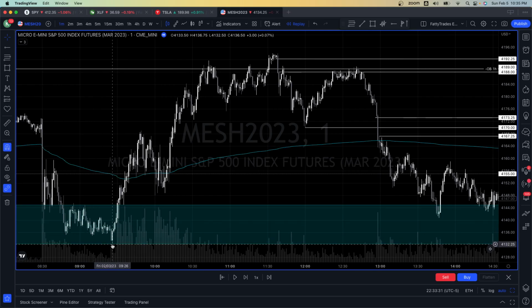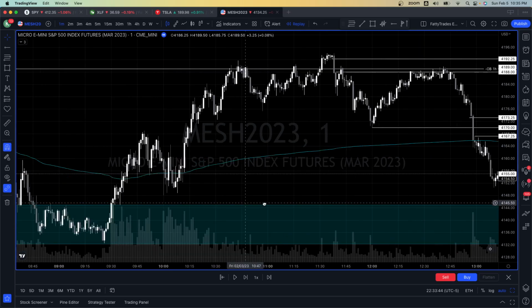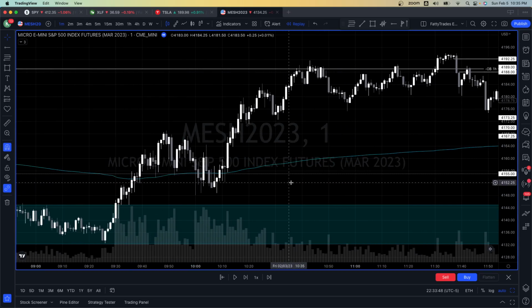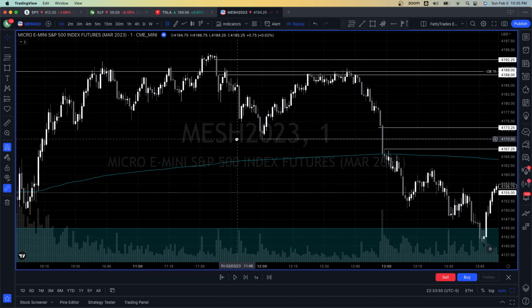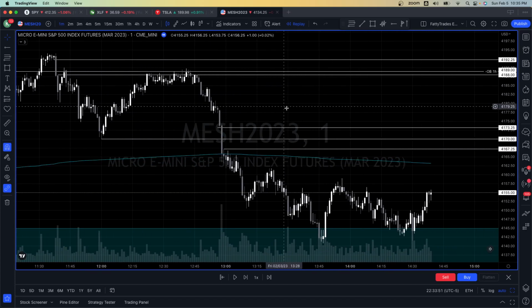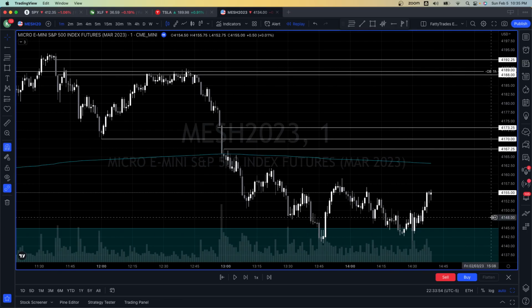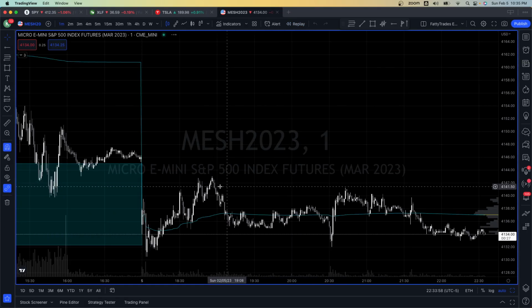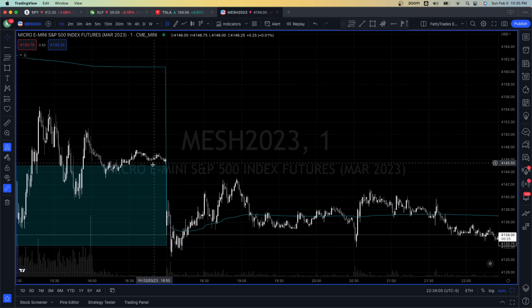So when we sweep down here, we fill this volume imbalance on the daily, and we go much higher. This gap was filled after we moved higher. Then it's where our target is, and then where's the best place to get in. At which point you can use any trading strategy, but the key is just understanding engineered liquidity and how this works, and how we can have confidence in our targets once we identify exactly which areas they're targeting and why.